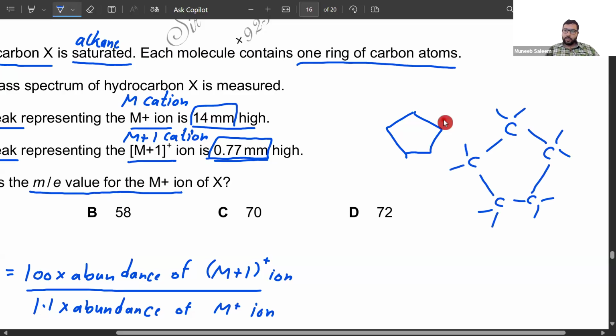Now you can clearly see that there are 5 carbon atoms and 10 hydrogen atoms. Now just add the mass of these. So 5 times 12 plus 10, which is equivalent to 70. So the correct answer becomes 70. C is the correct answer.